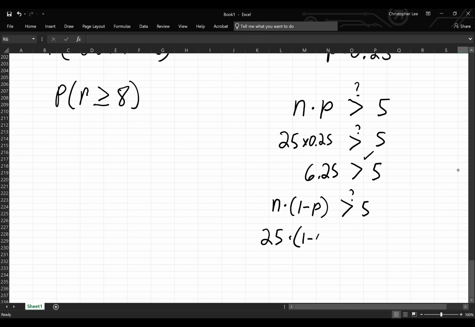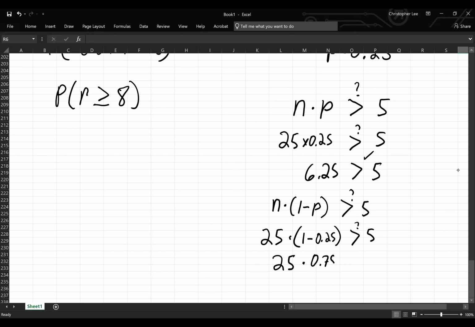Is that greater than 5? That's 25 times 0.75. I just want to know, are they bigger than 5? They have to be bigger than 5 for me to do this approximation.